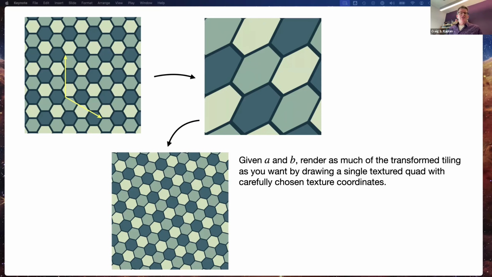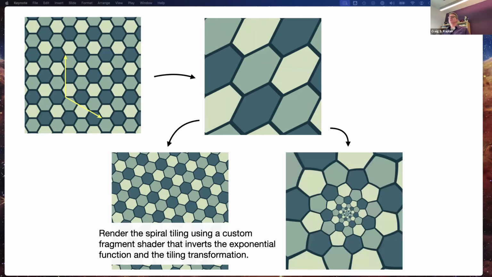And in fact, the anti-Mercator part, the spiral part, is basically just as fast, which is incredibly cool. The spiral tiling part is rendered using a custom fragment shader that basically remaps through the anti-Mercator map and then does the texture lookup as before. In fact, it's slightly more complicated than that in a way that's slightly interesting.